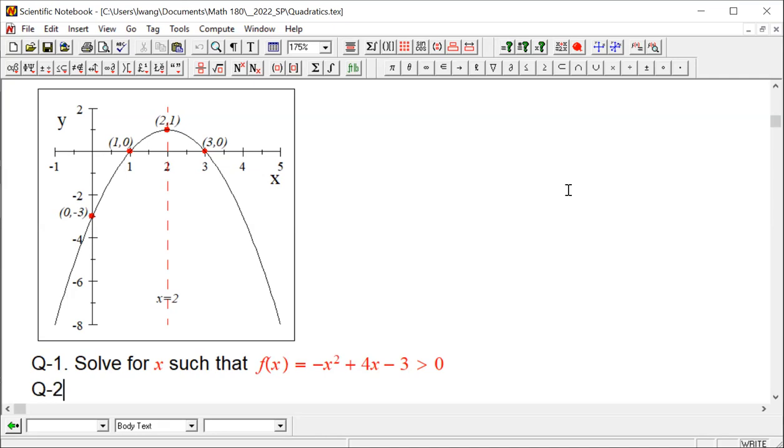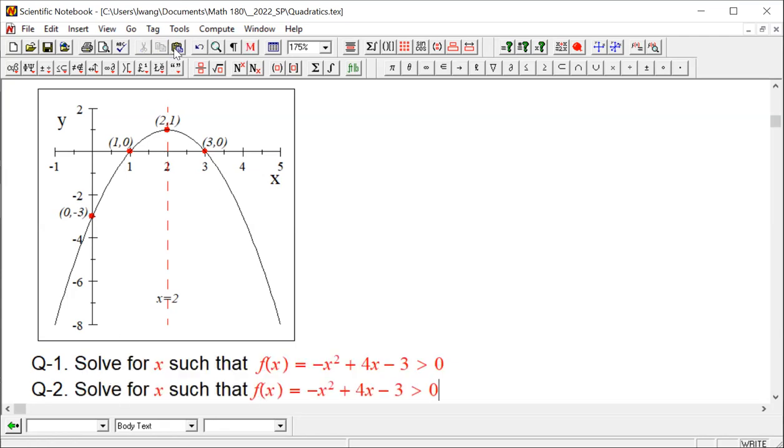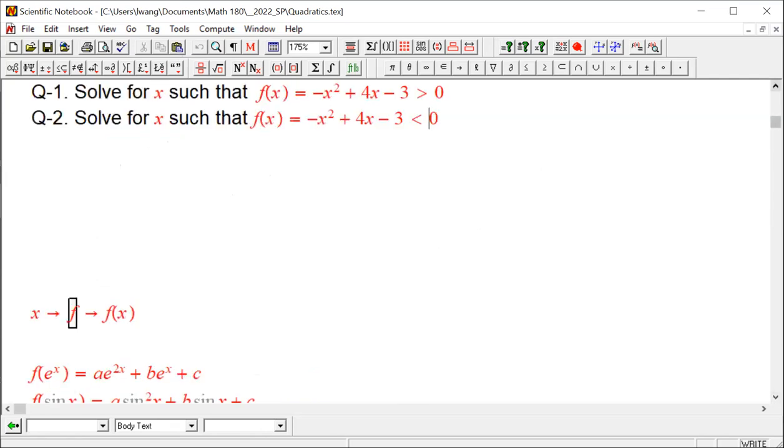Question 2, I could ask you: solve for x, f of x is negative. We're pretty familiar with these cases now.